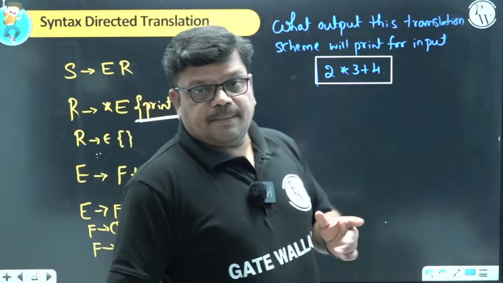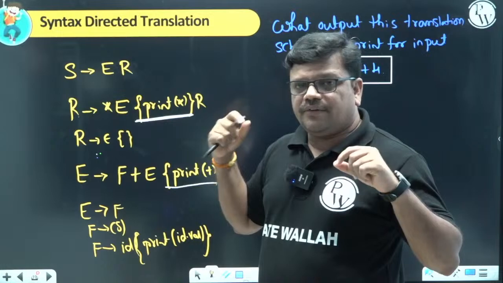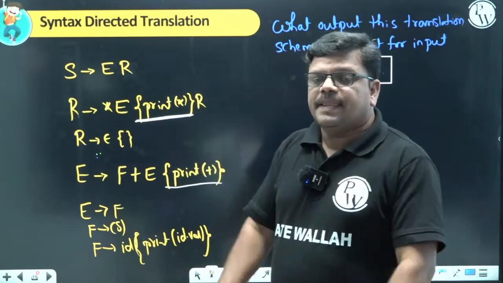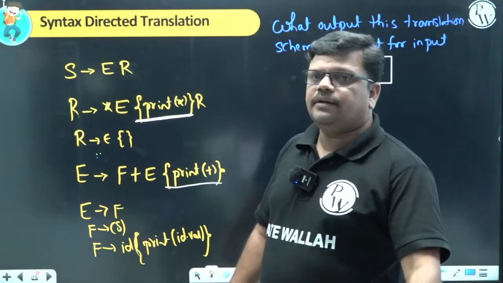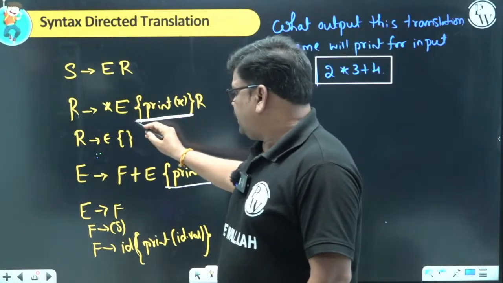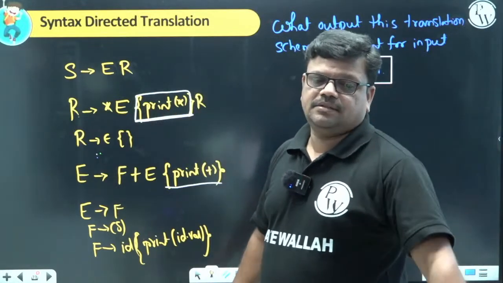Whenever rules are there in the middle or at the starting or rightmost end, this method that I am explaining now will work everywhere. So if you want to execute SDTs in a proper way, whatever rules are there, treat them as grammar symbols.